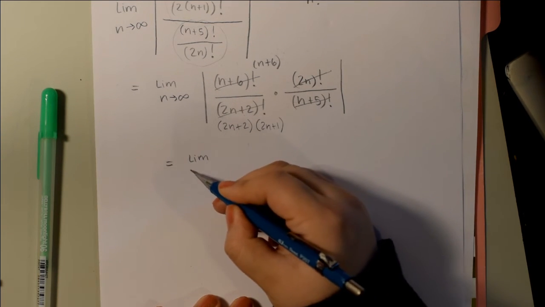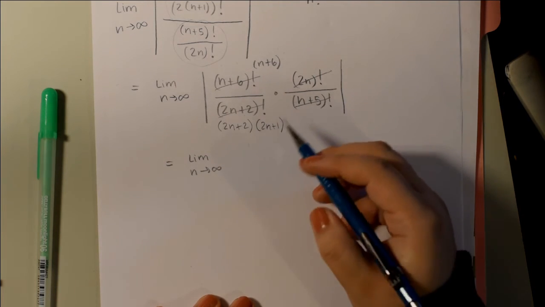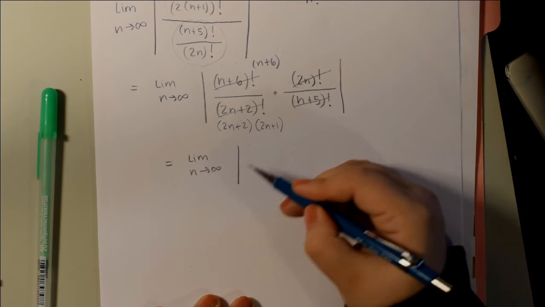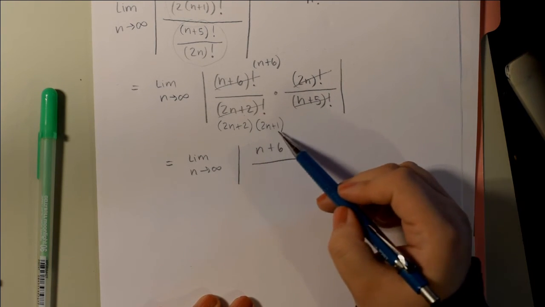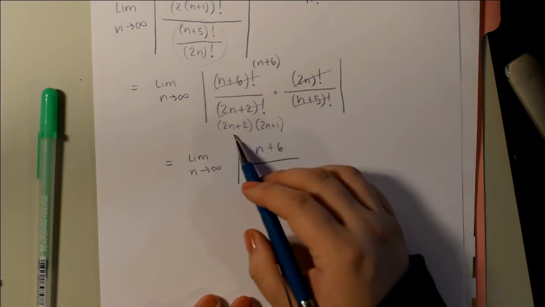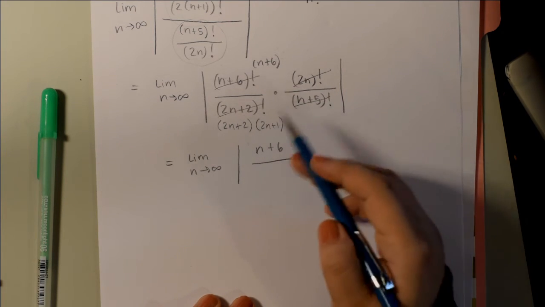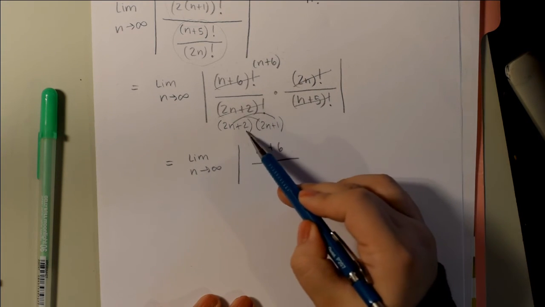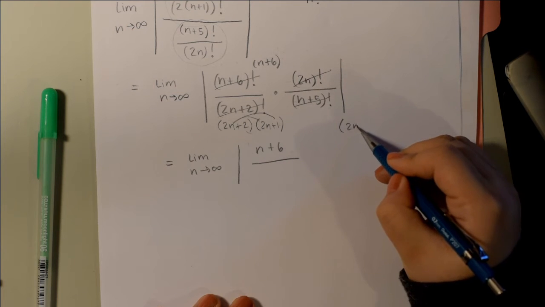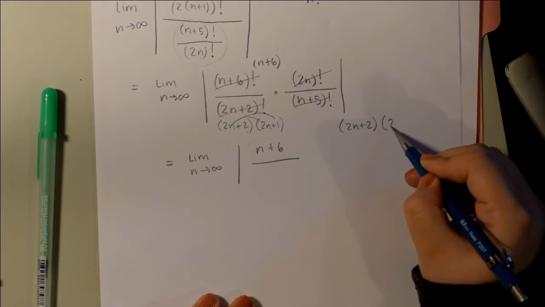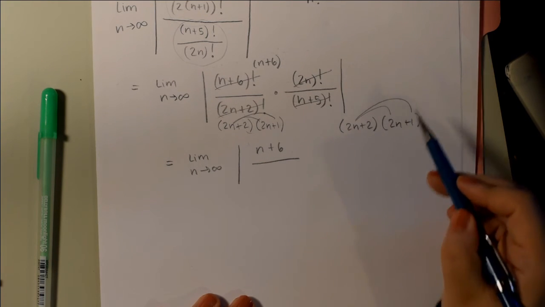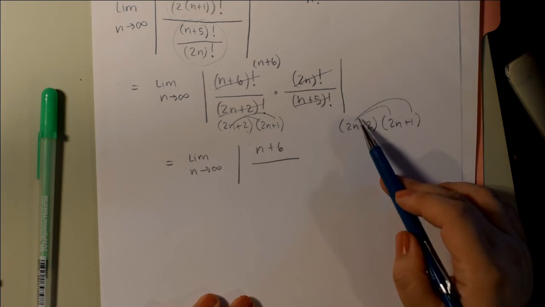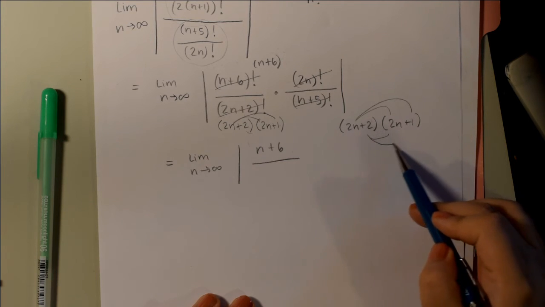You have the limit as n approaches infinity of n plus 6 over this thingy, 2n plus 2 times 2n plus 1, which you can FOIL. I'll write it out here. We can FOIL that out. We don't have to care about every term here, actually. We only care about the highest power, but we might as well.